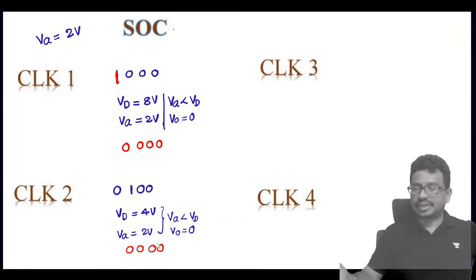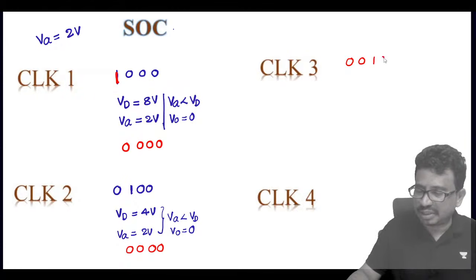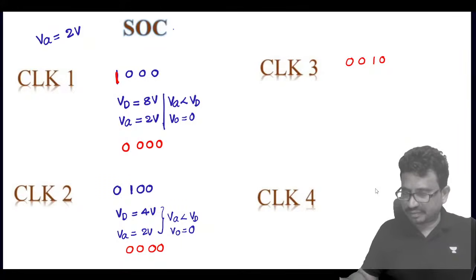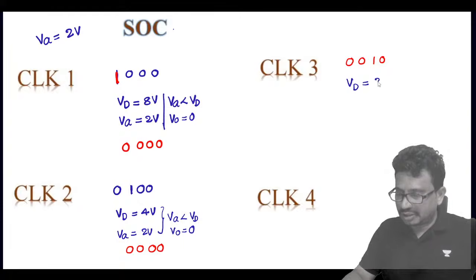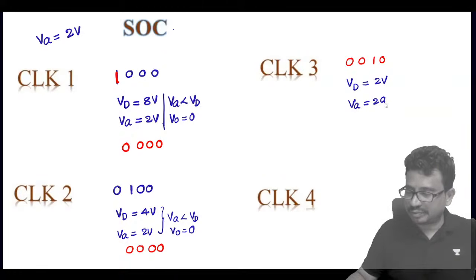In the third clock, what will it do here? The first bit is 0, the second bit is 0, this bit is 1 and this bit is 0. Now what is this VD value? It is 2 volts, and the VA value is also 2 volts.